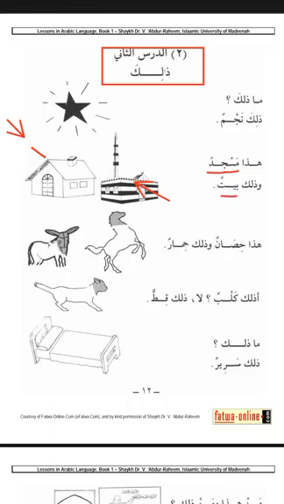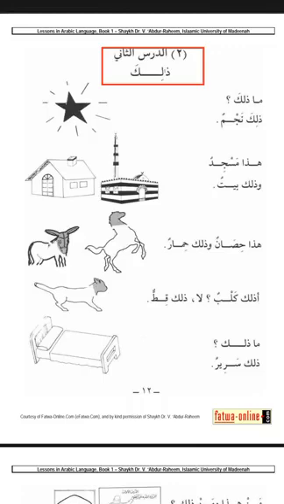It indicates that the house is in far distance to what? To the mosque. It's like we are beside the mosque, and I am pointing to your house maybe 1 or 2 meters from the masjid. So هذا مسجد وذلك بيت, this is a mosque and that is a house.